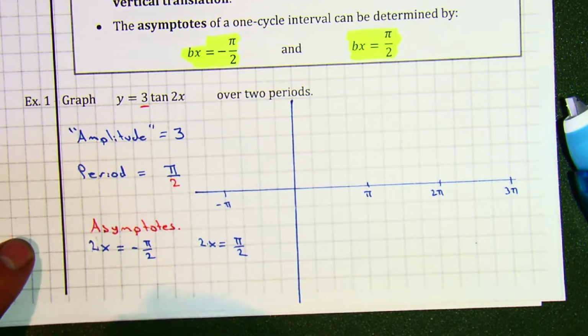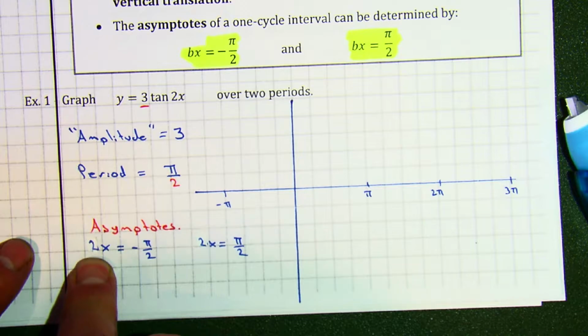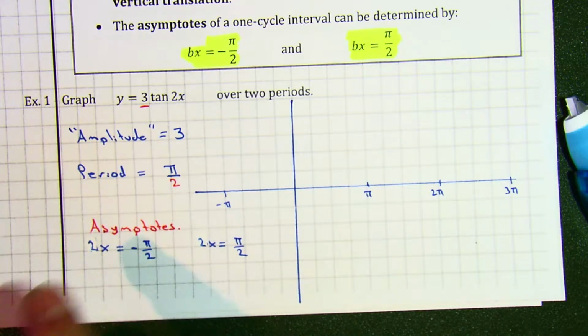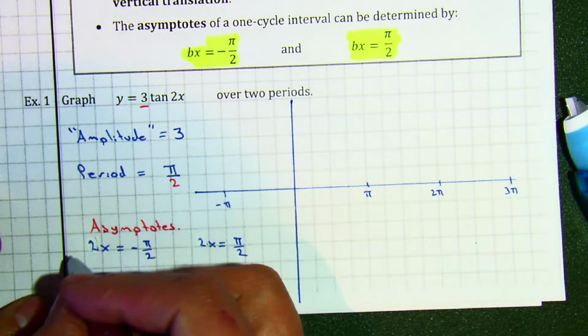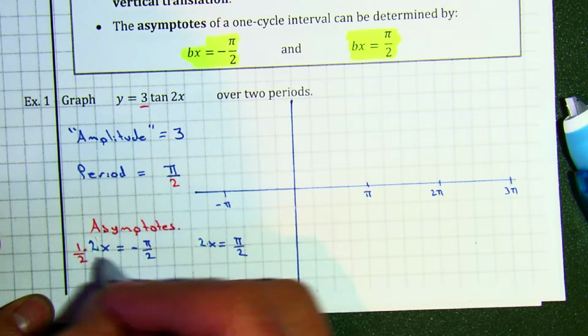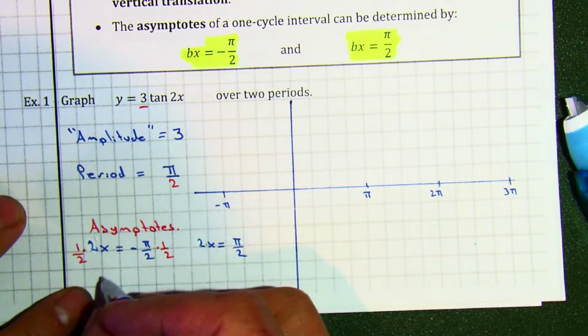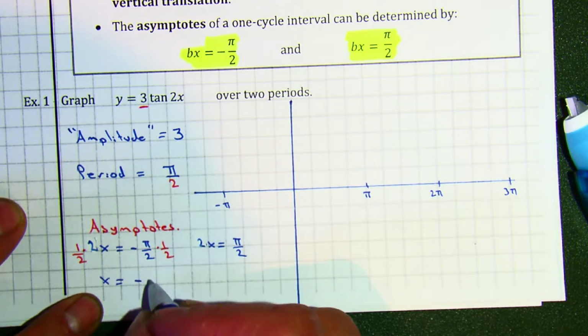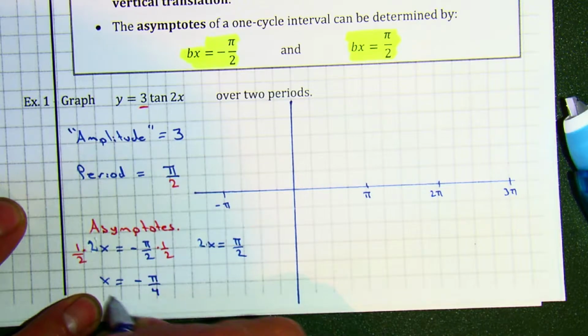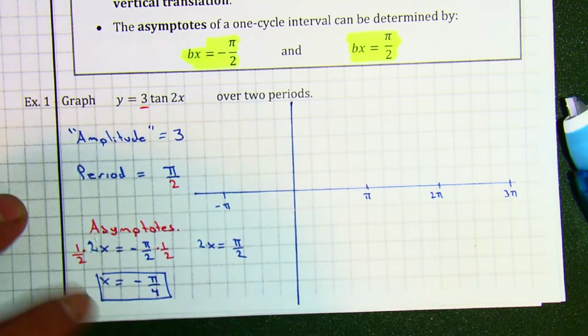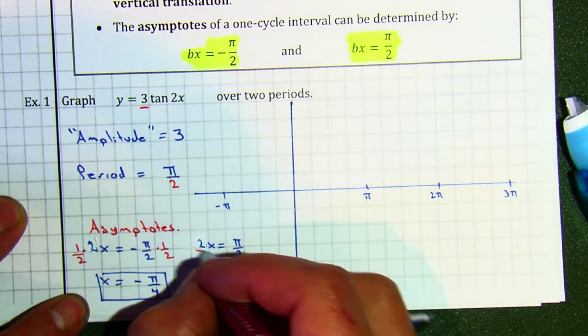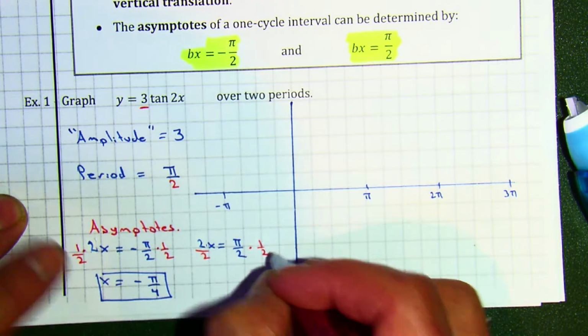Now I'm going to solve for x. I can divide by 2 or I can multiply by 1/2. Either way is fine. The 2's cancel, so therefore I have x is equal to negative pi over 4. That'll be my first asymptote. I can divide by 2 or multiply by 1/2.